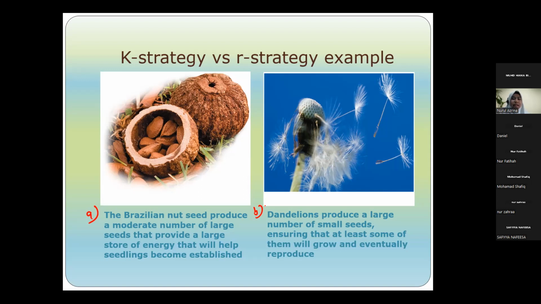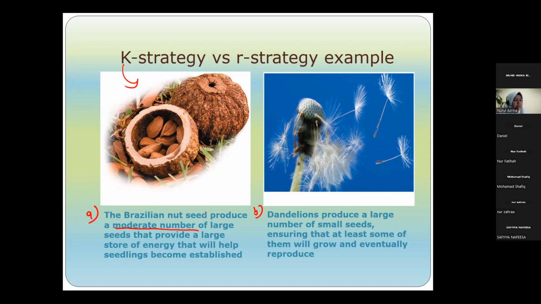Okay, Fatihah kata A. Yang lain? Yeah, correct. So, Brazilian nuts, what is the keyword that you can dapat from here? What is the keyword yang you dapat from this statement? Moderate number of seeds. Yes.